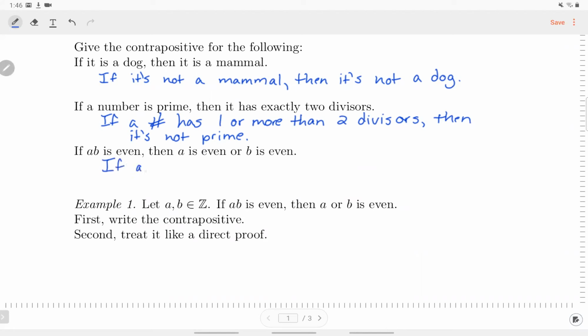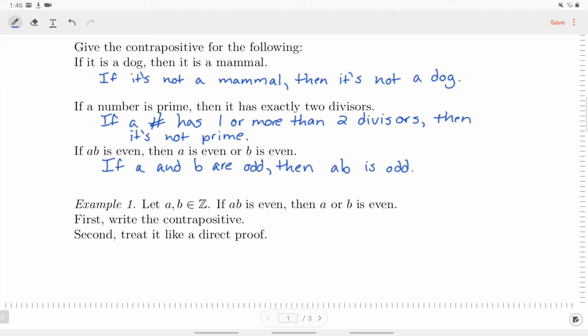If A and B are odd, then AB is odd. All right, any questions on those 3 statements?